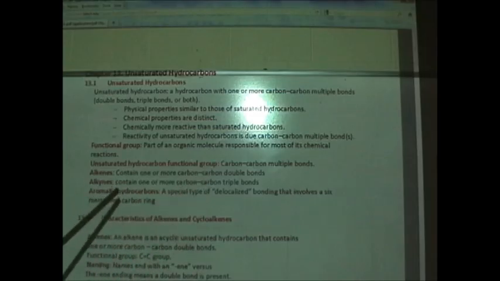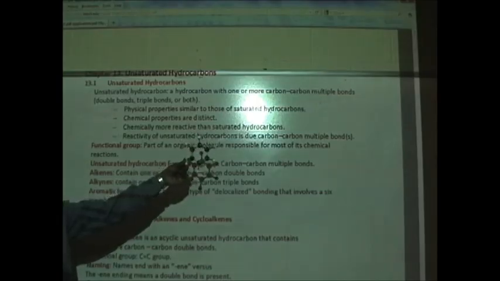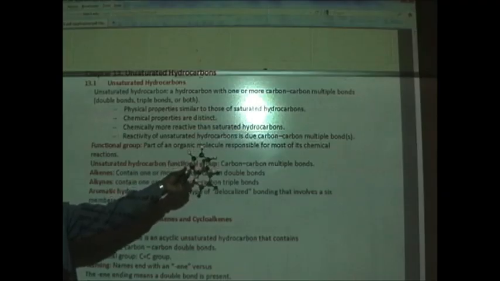Now we're going to talk about aromatic hydrocarbons. They're different. Let me show you one structure. How many double bonds do aromatic hydrocarbons have? Three. But they're in a 6-membered carbon cycle, right? Alternating double bonds.